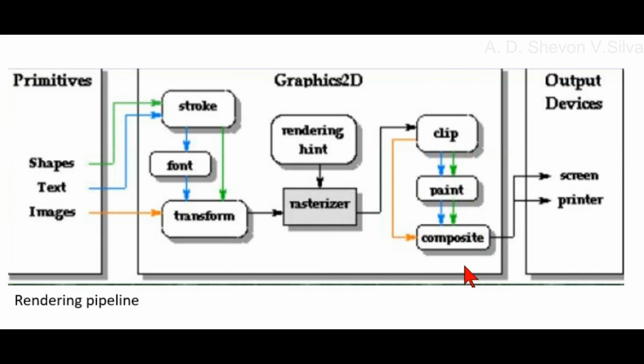The user clip is not modified by the rendering system to reflect the resulting composite clip. Step 3, determine what colors to render. And step 4, apply the colors to the destination drawing surface using the current composite attribute in the Graphics2D context.